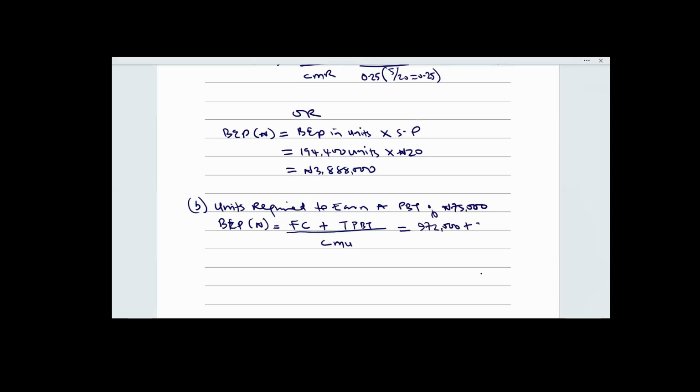The targeted profit is 75,000. Then contribution margin per unit is 5 naira. Therefore, 972,000 plus 75,000, then divided by 5, equals 209,400 units.